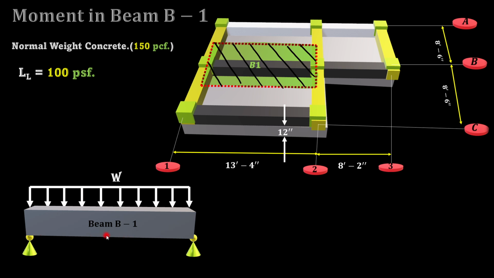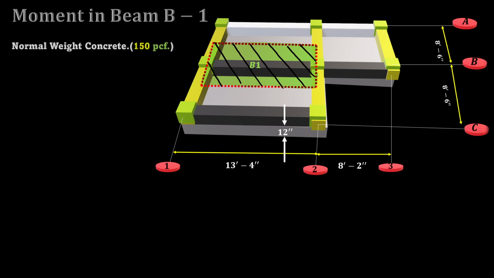So if this is beam B1 and there is a load on it, W stands for total load. We need to separate that into live load and dead load. Total load is W sub D plus W sub L, dead load plus live load.